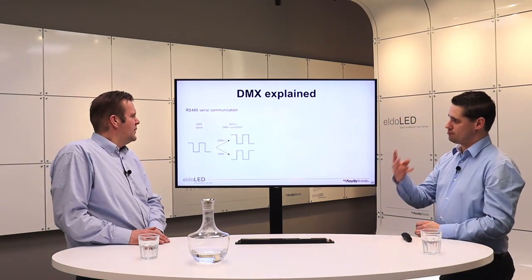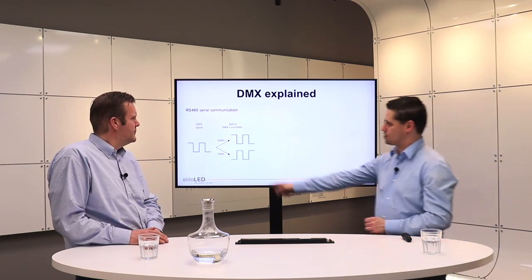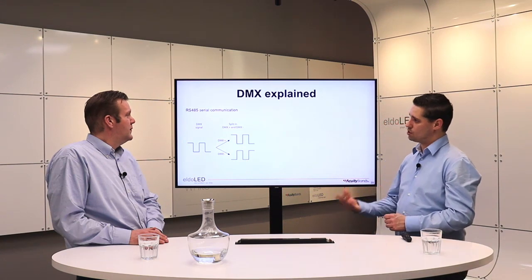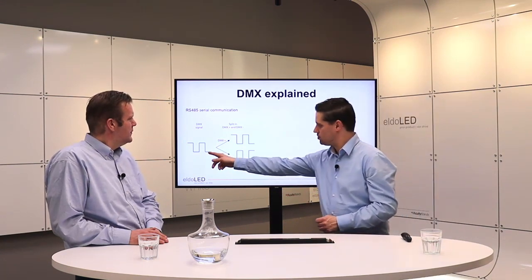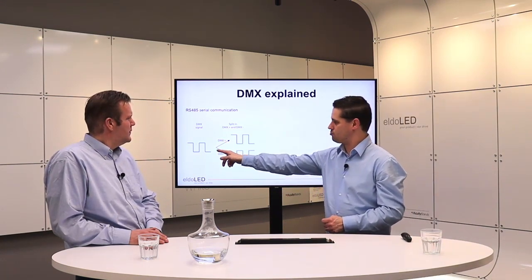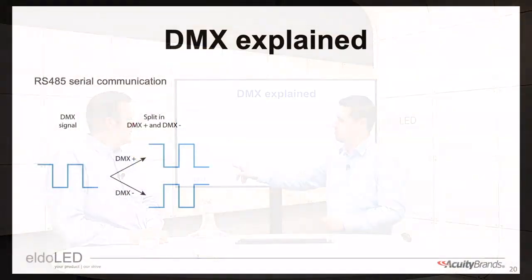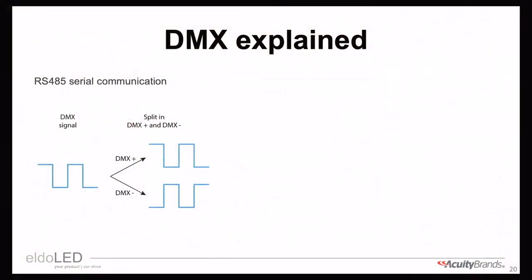In DMX, you have 2 wires. You have the DMX positive and you have the DMX negative. So what we do with that signal: the DMX positive wire is receiving that same DMX signal, and the negative wire is receiving the inverted version of that same signal. So where the one is positive, the other one is negative.